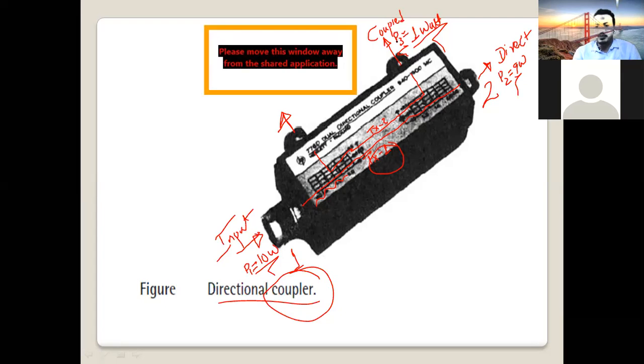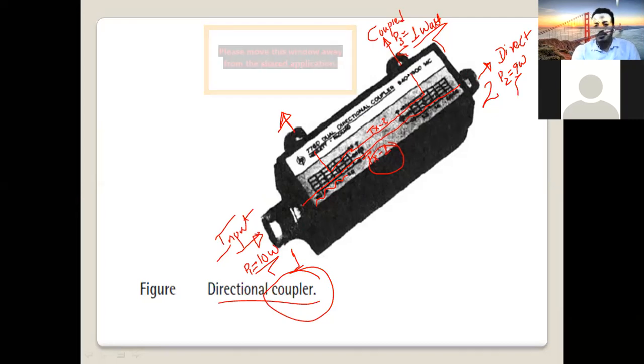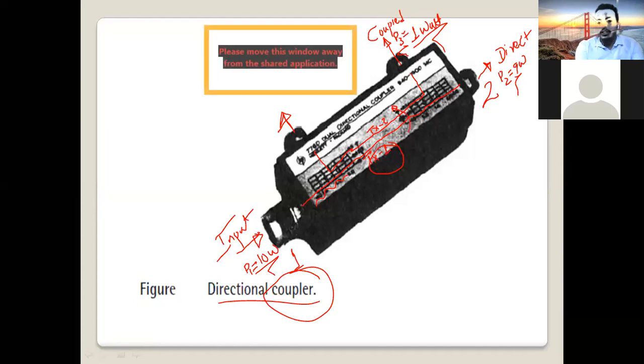Similarly, here, our signal is transmitting from port 1 to port 2 directly. This device is used to take a small sample from the main transmission line TX1. A small sample of the signal will be coupled into transmission line 2, and we get the output at port number 3, P3, 1 watt.